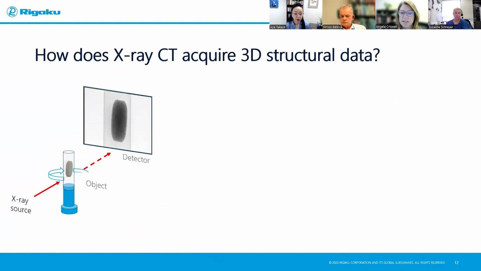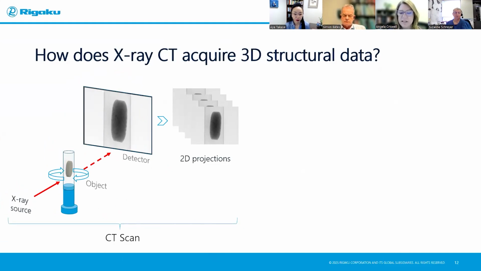So during this experiment, what we do is we rotate the sample anywhere from between 180 and 360 degrees, and we output these 2D projection images at angular increments. And this in itself, we call a CT scan, and is the experimental portion of X-ray CT.